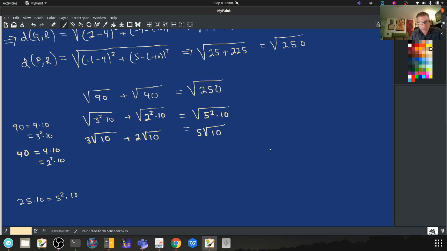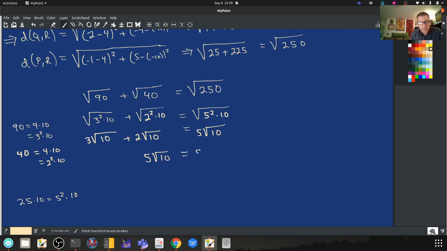So now I have like radicals. Like radicals, again, are radicals that have the exact same number underneath the radical symbol, and the radical has the same index. So 3 times the square root of 10 plus 2 times the square root of 10 is 5 times the square root of 10.